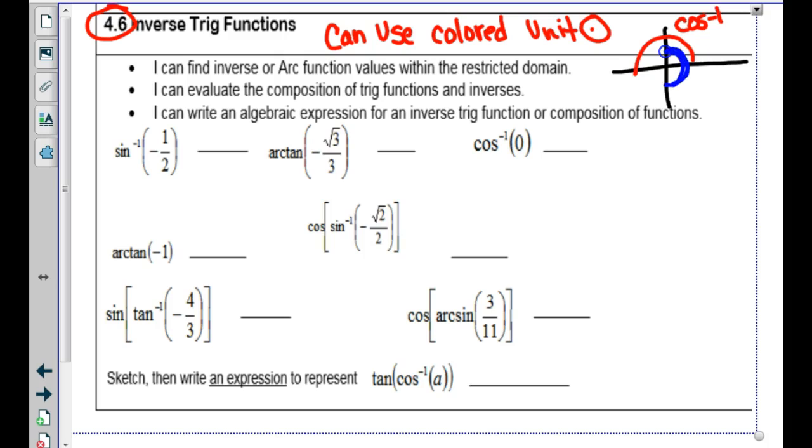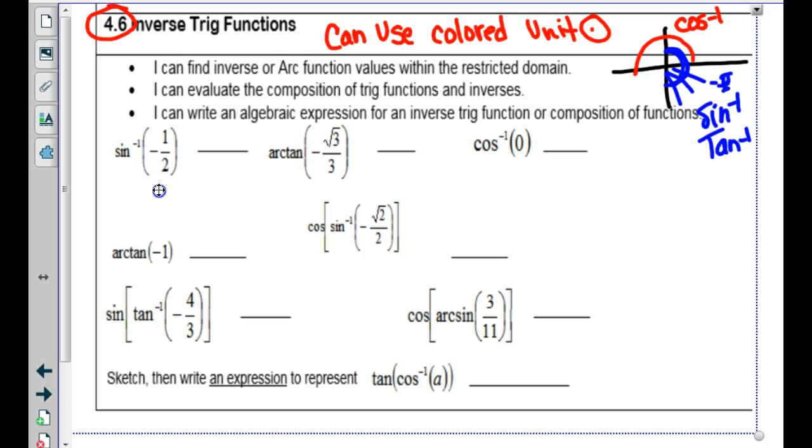These two quadrants are for sine and tangent. And the trick is, if you wind up down here, you have to call this negative pi over 6, negative pi over 4, negative pi over 3, and negative pi over 2. Okay?